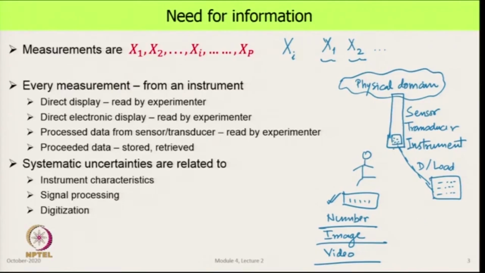Or the third thing that the instrument could do is that it could transmit this data into a device which does some signal processing, and finally, it stores it. And it is from here that we can start reading the numbers.